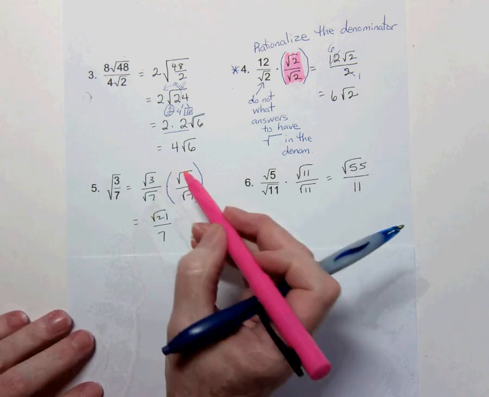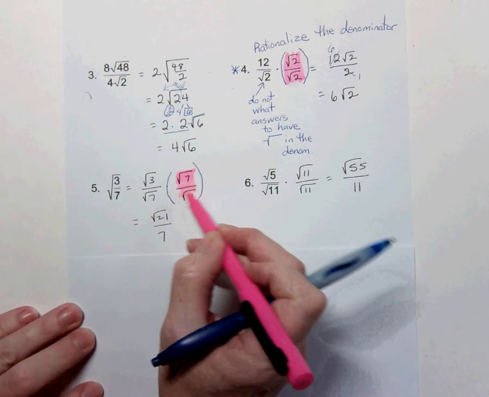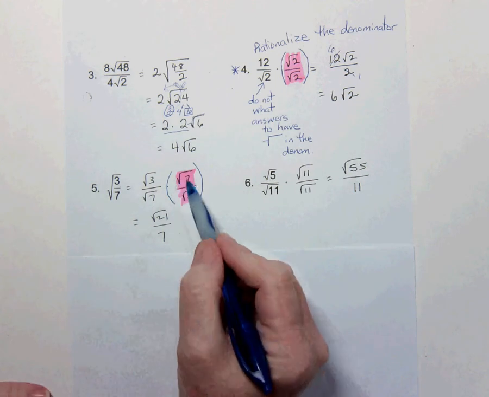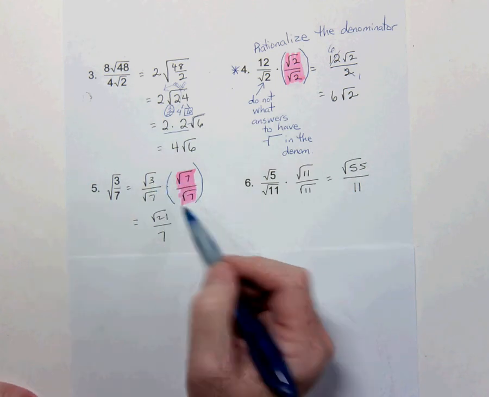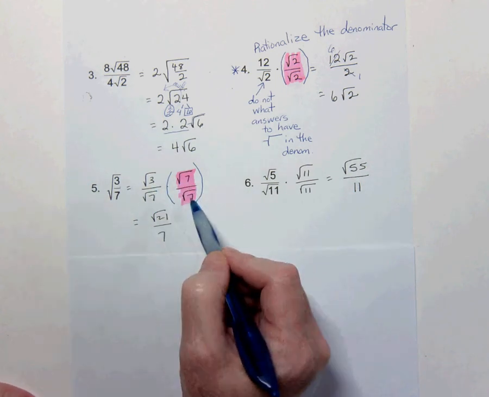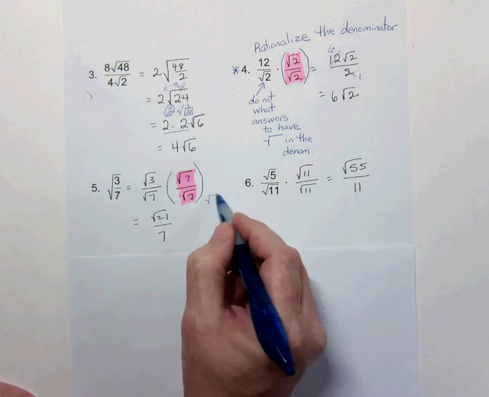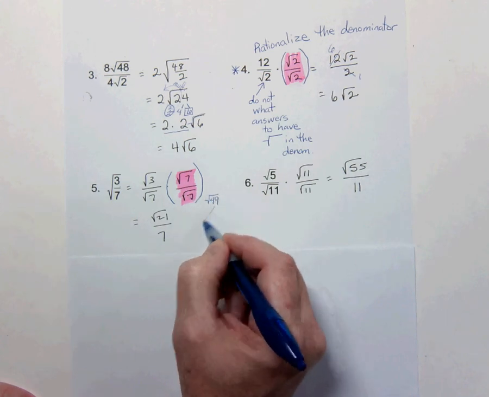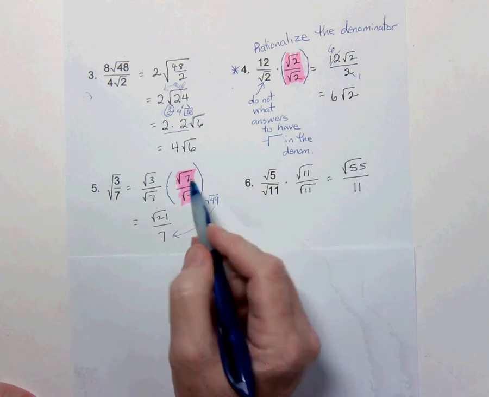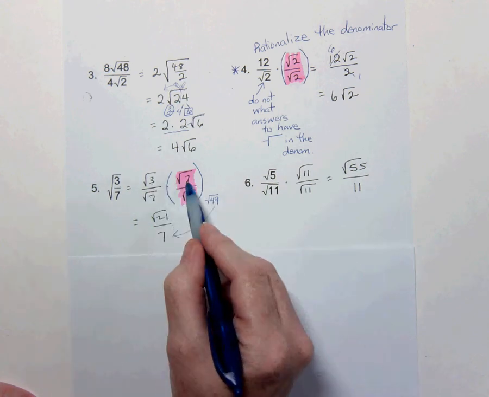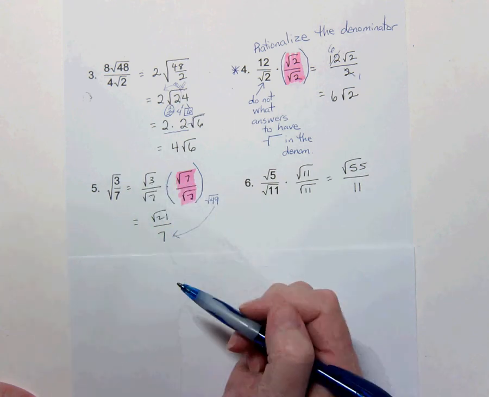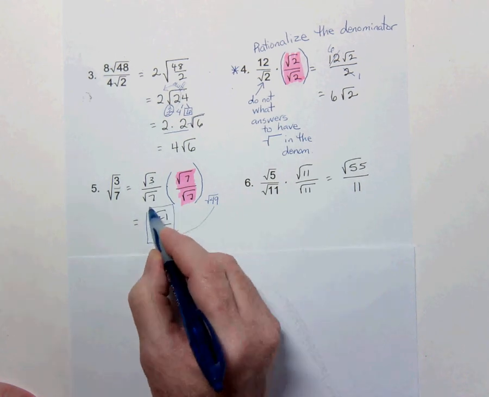I'm going to keep highlighting our products of 1. What I've done here is really just multiply this times 1. But we know that square root of 7 times square root of 7 is square root of 49, which is 7. Multiplying square root of 3 times square root of 7 is square root of 21. So this is actually your final answer for that one.